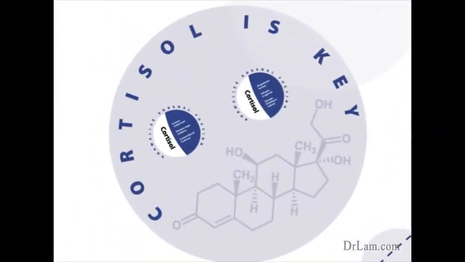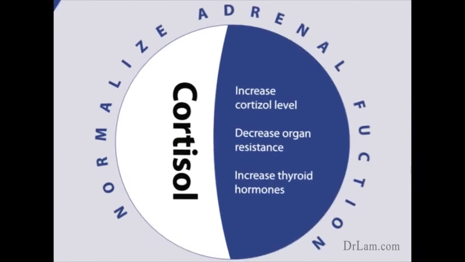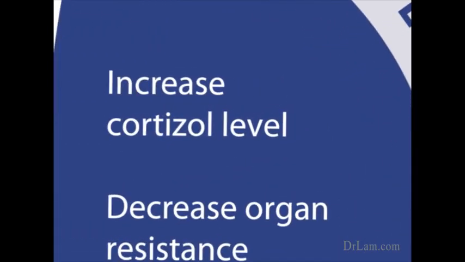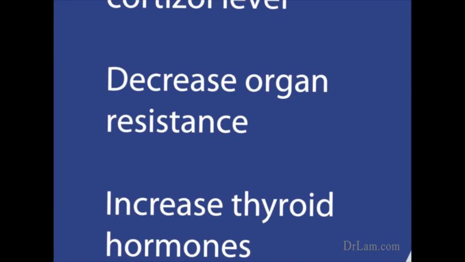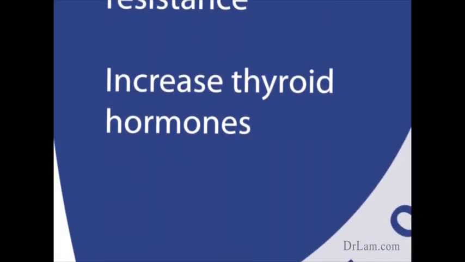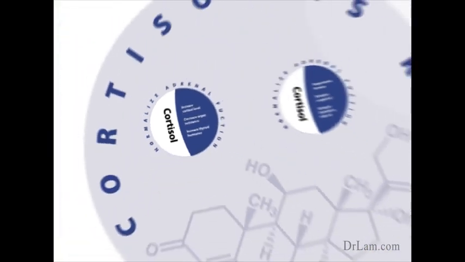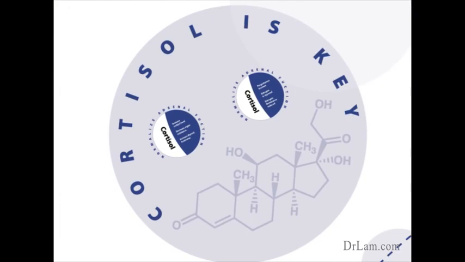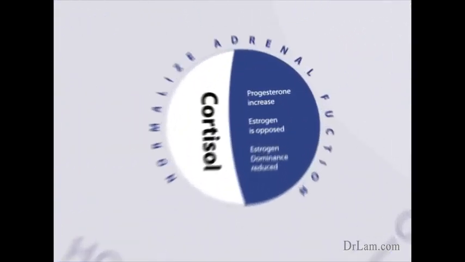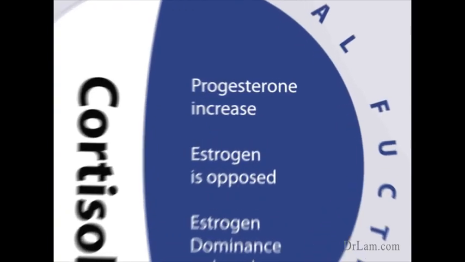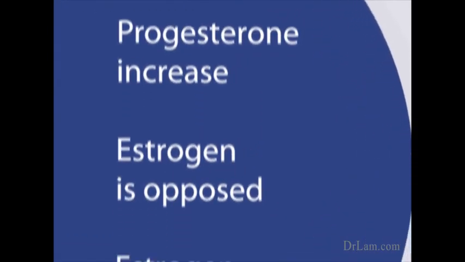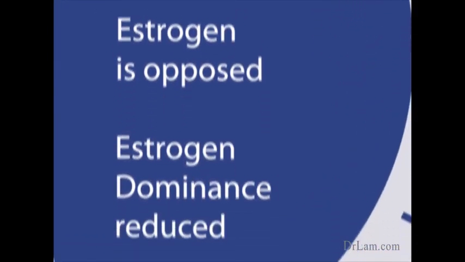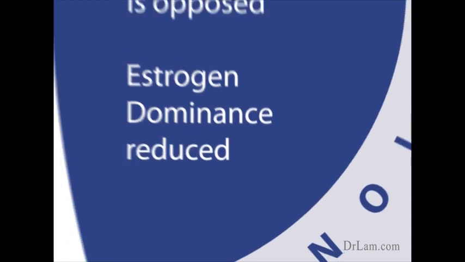So the good news is if you are able to normalize the adrenal function and the cortisol level goes up, then the organ resistance of the ovaries and the thyroid will be reduced. The thyroid hormone will come up because the thyroid binding globulin will then go back down. Similarly, when the adrenals are normalized, the progesterone will go up. And when that happens, the estrogen is being opposed more appropriately, and the estrogen dominant symptoms normally can be reduced.